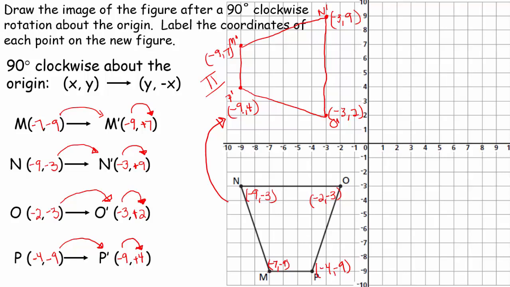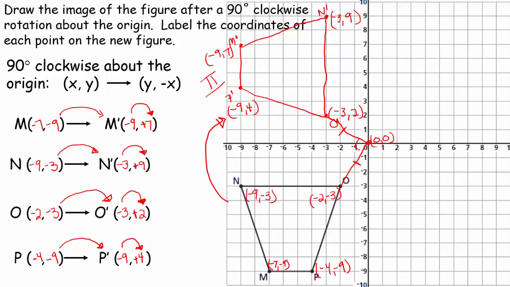about the origin. How would we check to make sure it is a 90-degree rotation? Well, once again, we have to look at our origin, which is 0, 0. Let's go ahead and connect O to that point and O prime to our origin. Notice our distances are the same from the origin to point O and from the origin to point O prime.